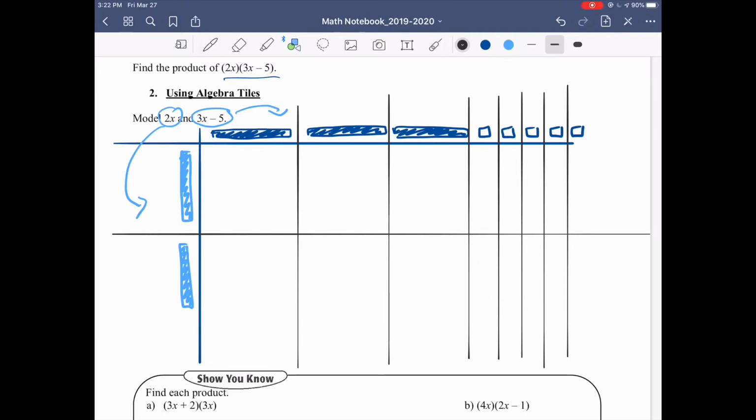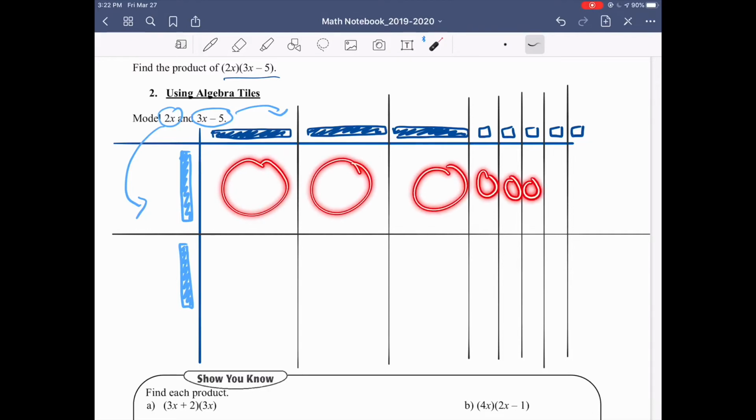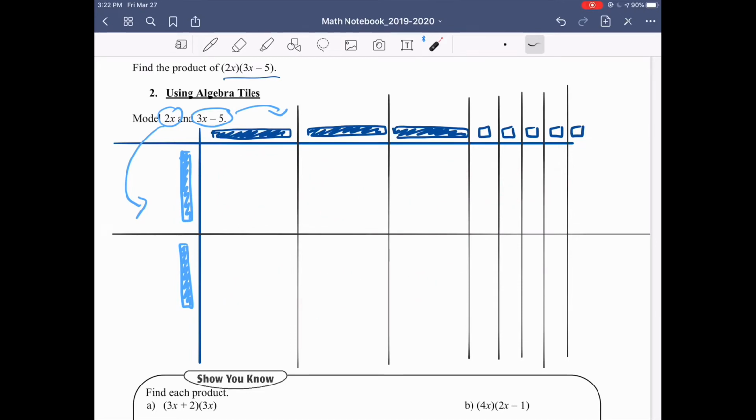Basically we want to fill in each box individually. We want to figure out what's the answer here, here, here, and then the same thing on the bottom. How do we know what the answer is? You can see by the shape that it makes what the answer is going to be. For this one, we are doing x times x.